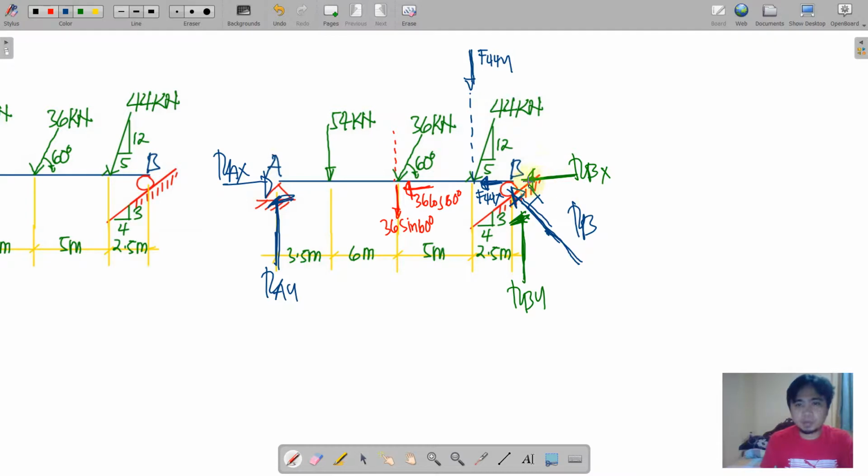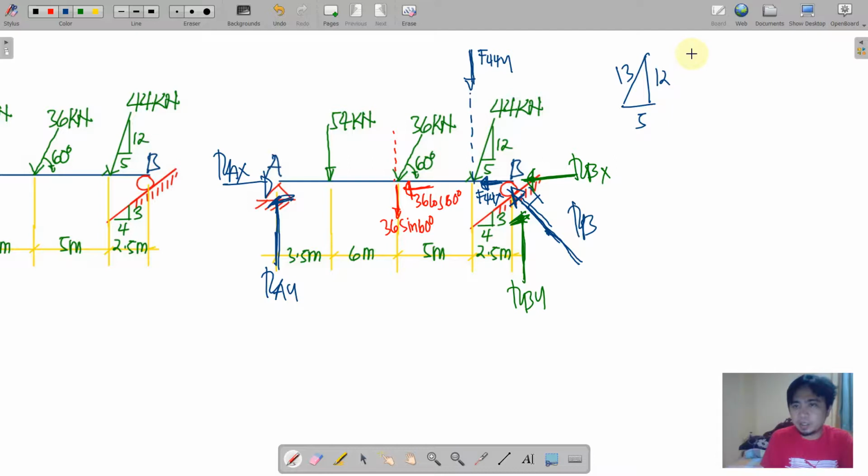So to solve for the corresponding component, we'll just have to use the slope of the 44. The slope of the 44 is 12 vertical. This is 5 horizontal. Obviously, this is 13. And then use ratio and proportion.